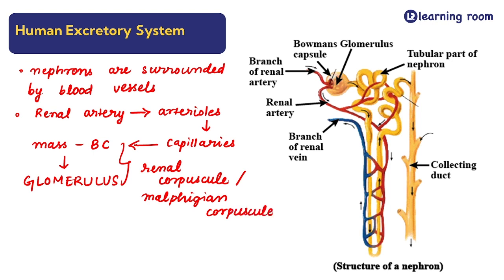So as you can see here, the arterioles enter the Bowman's capsule and turn into a bunch of small capillaries, a network of capillaries finely branched, and this network of capillaries along with the cup-like Bowman's capsule together is called as the renal corpuscle.